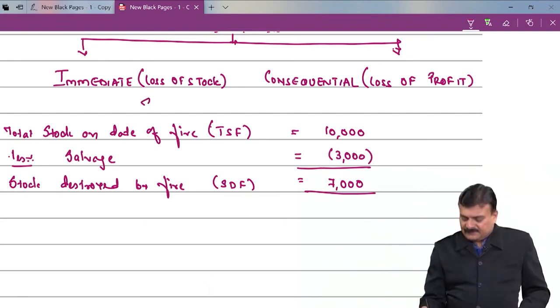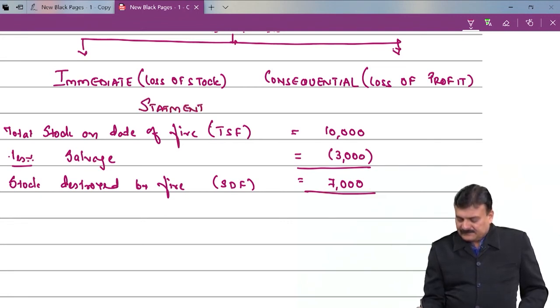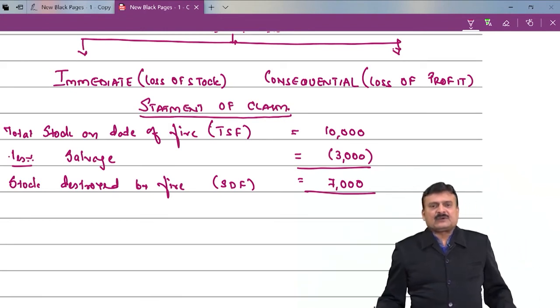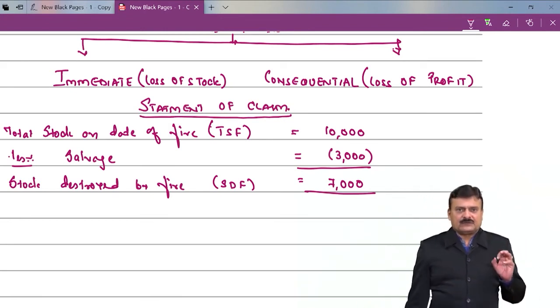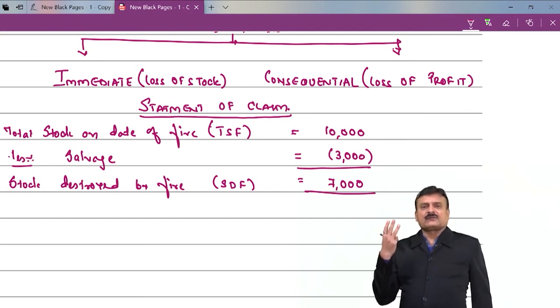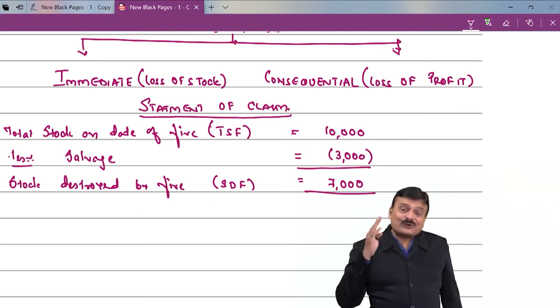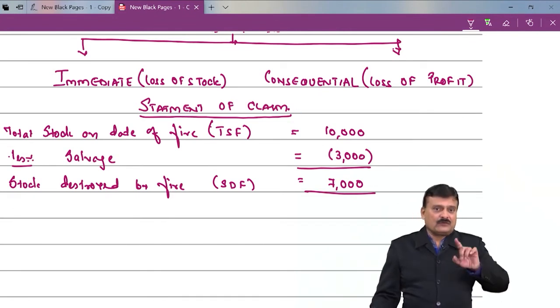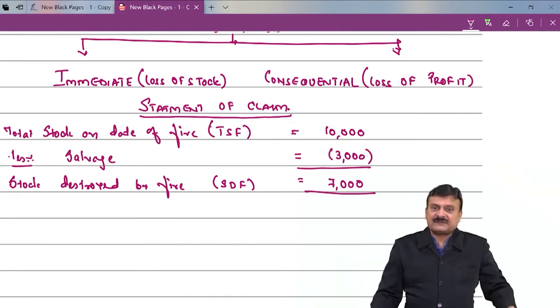This is technically called the statement of claim. So the statement of claim will say total stock on date of fire, say 10,000, goods saved from fire 3,000, and hence stock destroyed by fire is 7,000. He will lodge a claim with the insurance company of rupees 7,000.